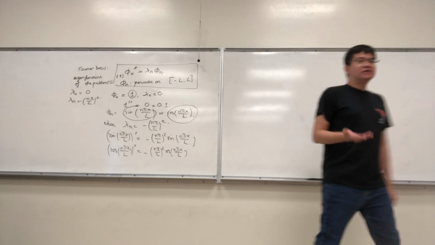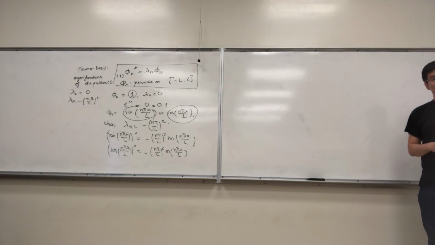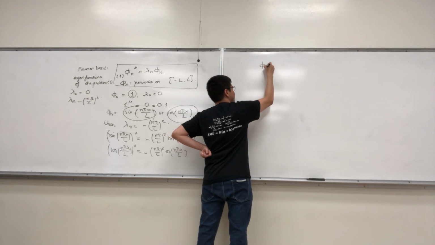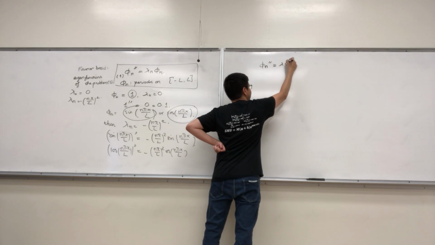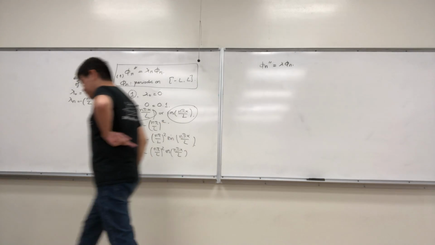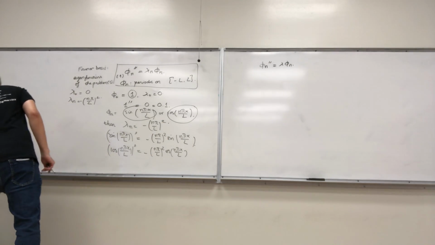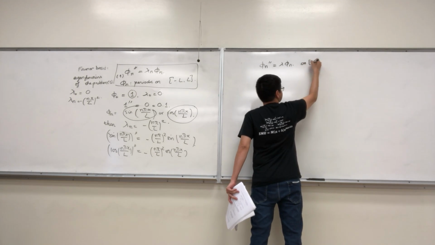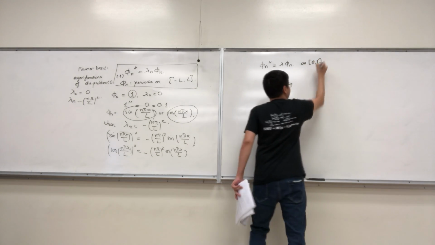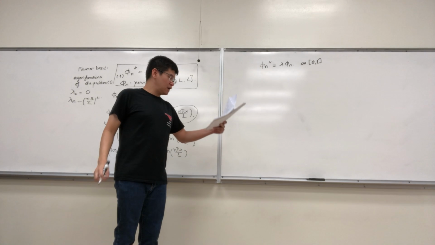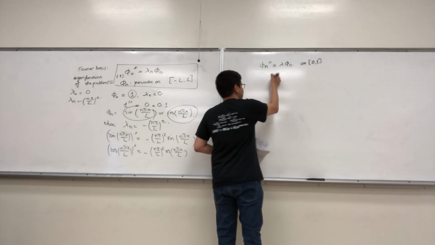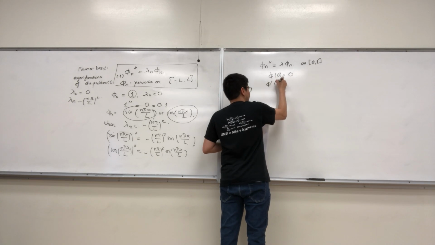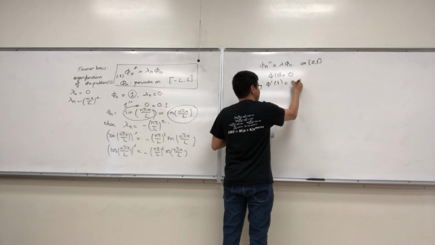Now let us try to generalize this idea. So in the previous class, we considered this problem, right? This problem was considered on 0, 1, and the boundary conditions are phi of 0 is 0 and phi prime at 1 is 0.